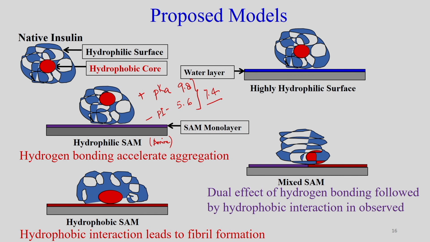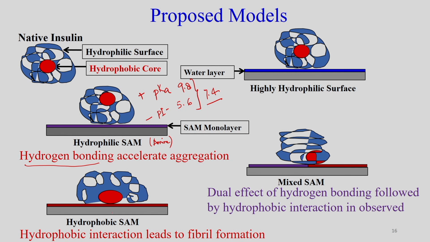So, the amine group will have a positive charge, insulin is negatively charged, so there will be an electrostatic interaction between the amine group and the insulin or the protein, and also the amine group can participate in hydrogen bonding. So, because of electrostatic and hydrogen bonding on the amine surface, we observed a shorter lag time and faster aggregation.